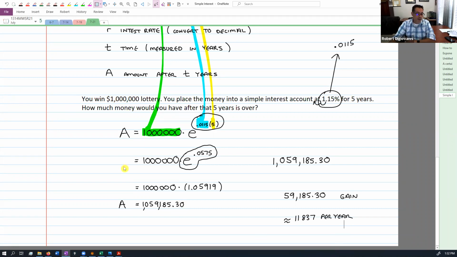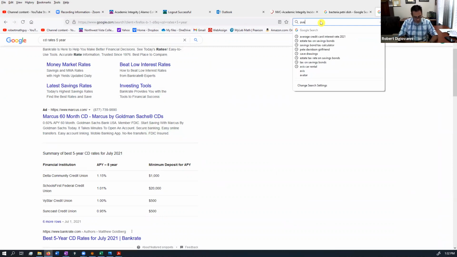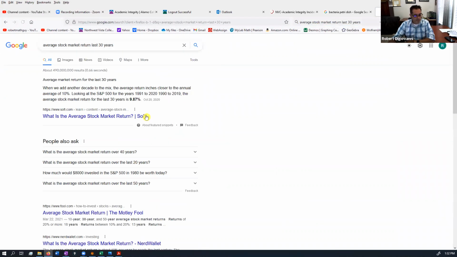If you invest that money into the stock market instead, let's see what the average stock market return is over the last 30 years. On average in the stock market, your growth is about 9.885% over the last 30 years.